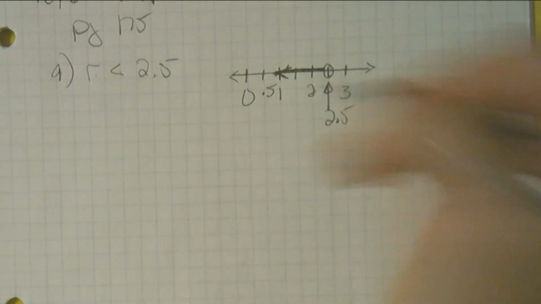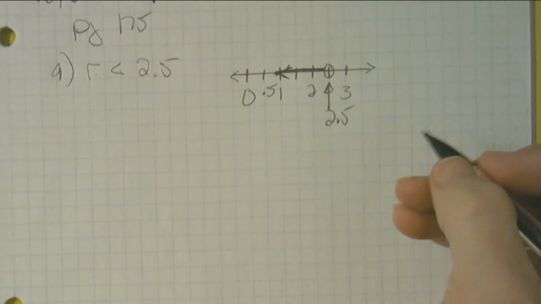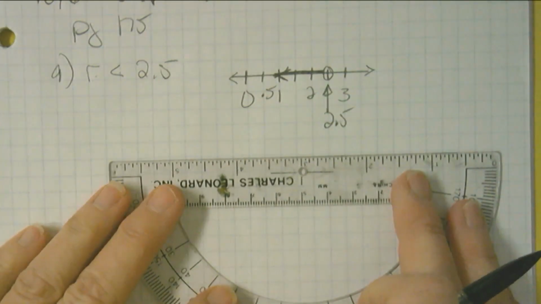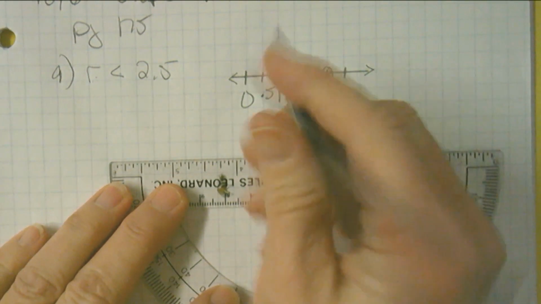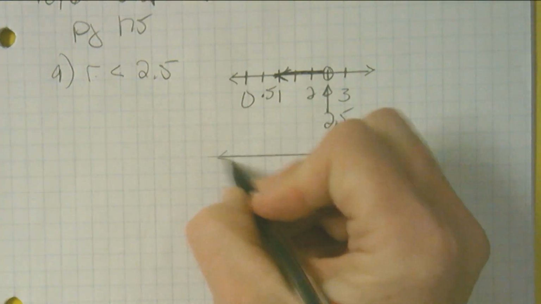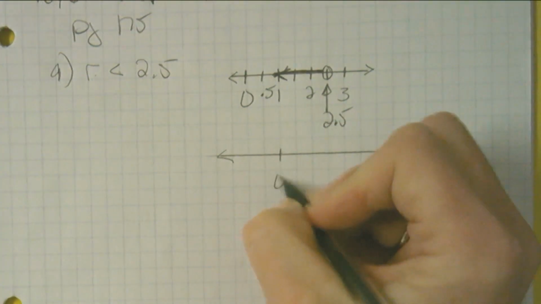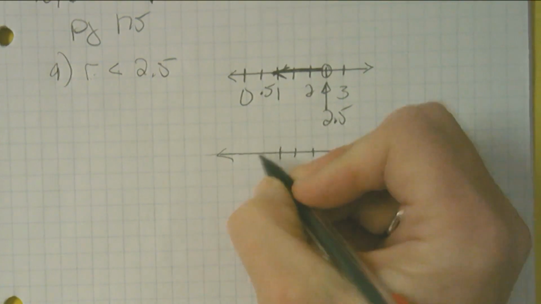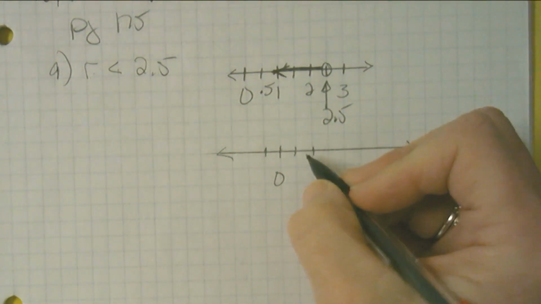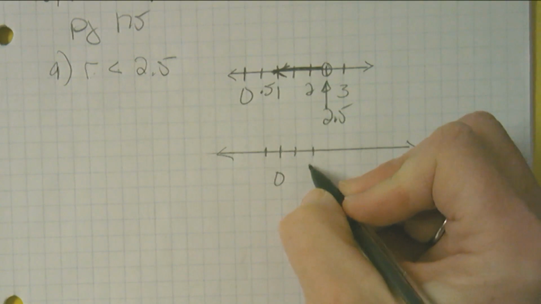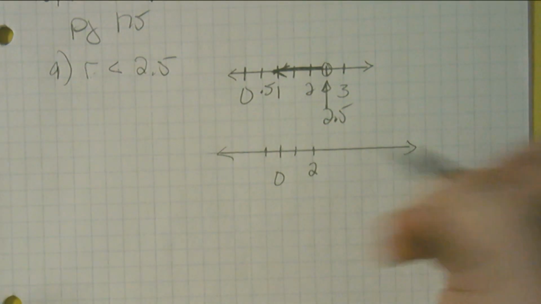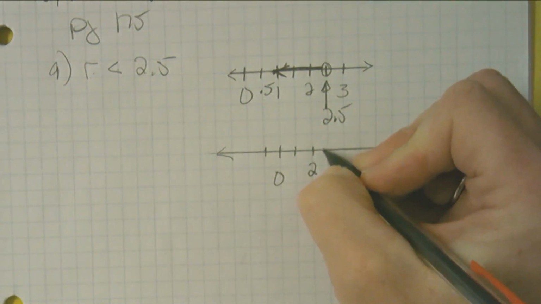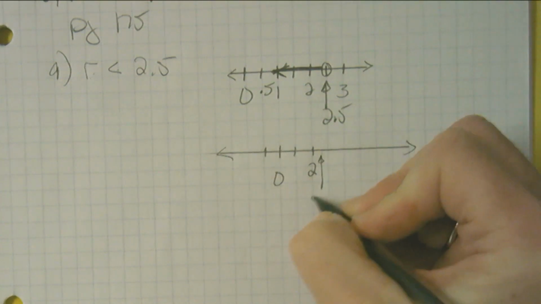I want to know what you're counting by. So, Nick, my guess is that most of you just counted by ones. So let's say here's my 0, here's my 1. If you counted by ones, I at least have to see a number somewhere. I need my 0, and then I need you to indicate that here is 2.5.